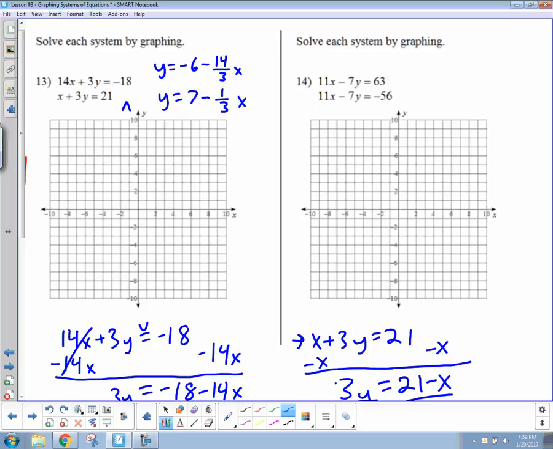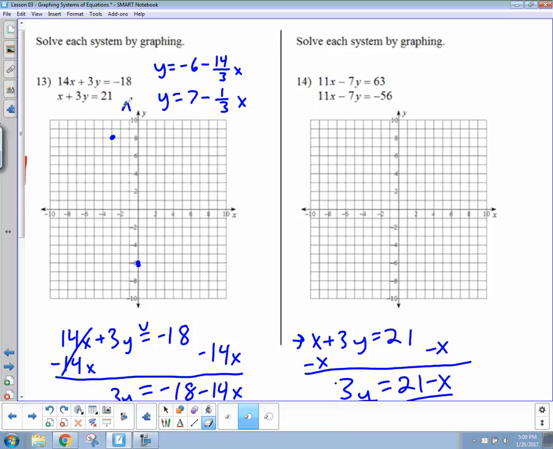So, right here, we're going to count up 14, and we're going to go back 3, because we can't go down 14, so we're going to go up and then back. 1, 2, 3, 4, 5, 6, 7, 8, 9, 10, 11, 12, 13, 14, and then go back 3. 1, 2, 3. All I really have room for is 2 dots, so I'm going to connect the dots.